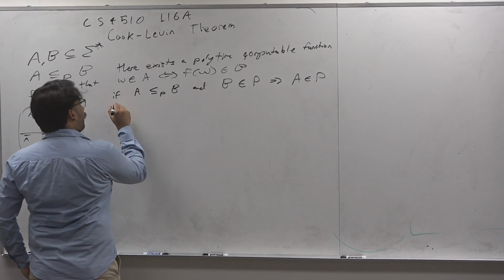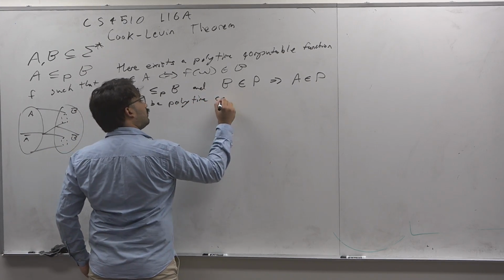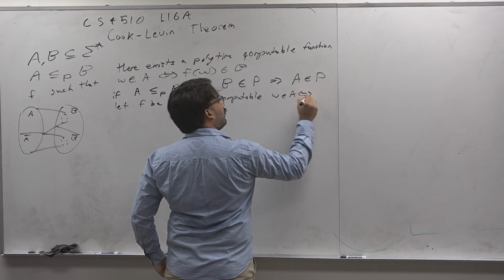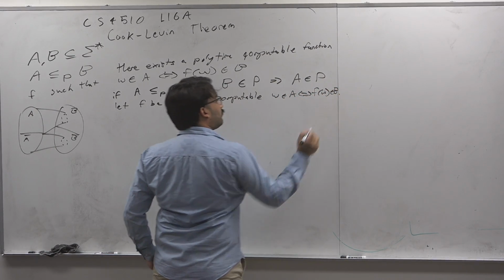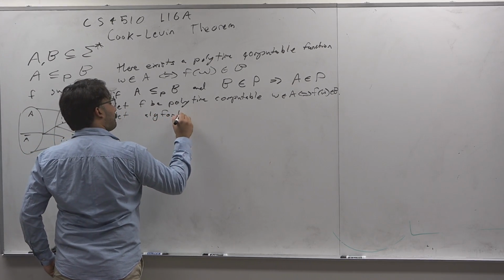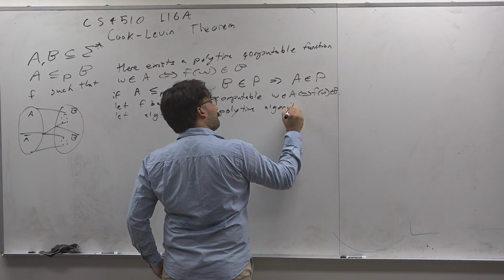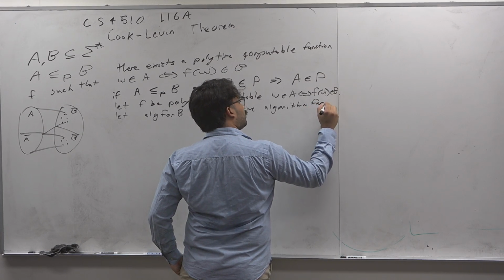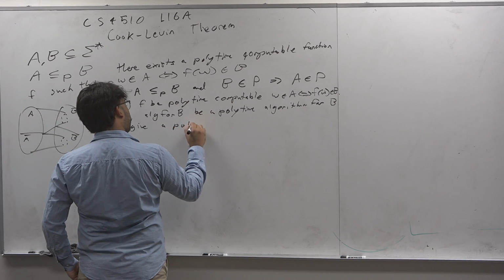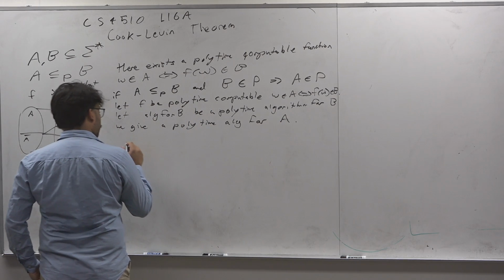Here's the proof. Let f be polytime computable, so we know that w is in A if and only if f of w is in B by the definition of our reduction. Let alg for B be a polytime algorithm for B. We give a polytime algorithm for A. Here's how it works.